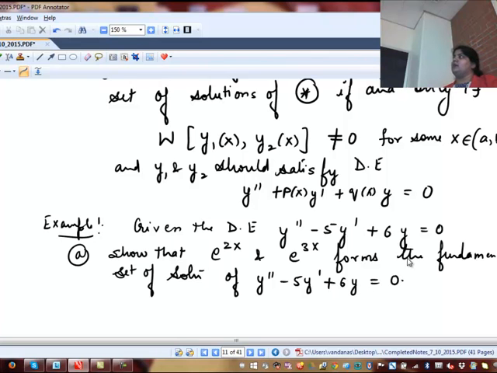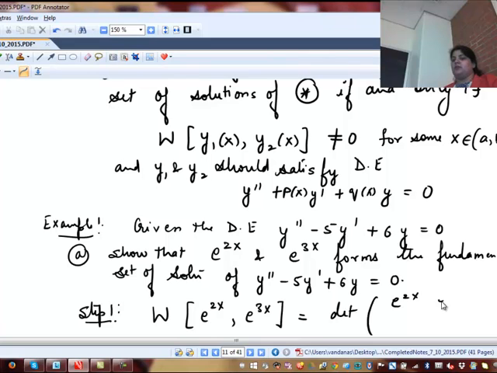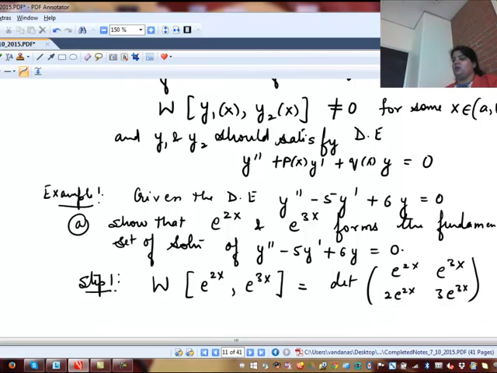So how will we proceed? We want to show, step 1, what is the Wronskian of e to the power 2x and e to the power 3x. It is the determinant of e to the 2x, e to the 3x, 2e to the 2x, 3e to the 3x, and this will equal 3 minus 2, which is 1, times e to the power 5x.